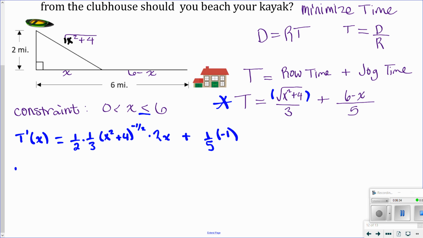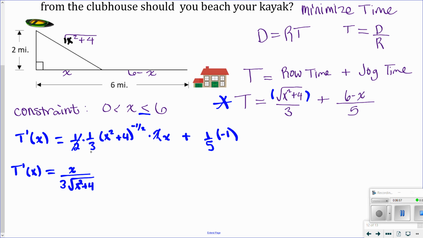Okay, so let's obviously rewrite this nicer. This is going to be, well, the 2's will actually, 2 and 1/2 will cancel out. So this is going to be x over 3 square root of x squared plus 4.